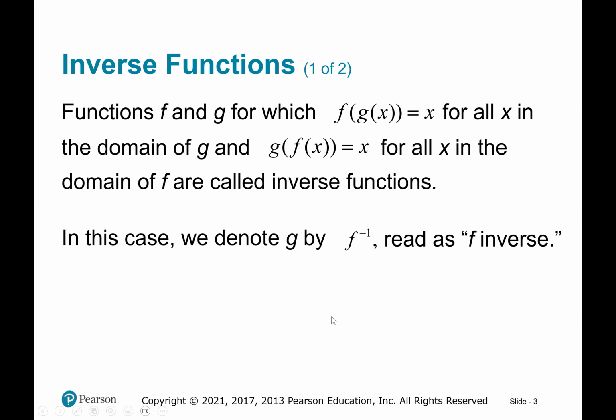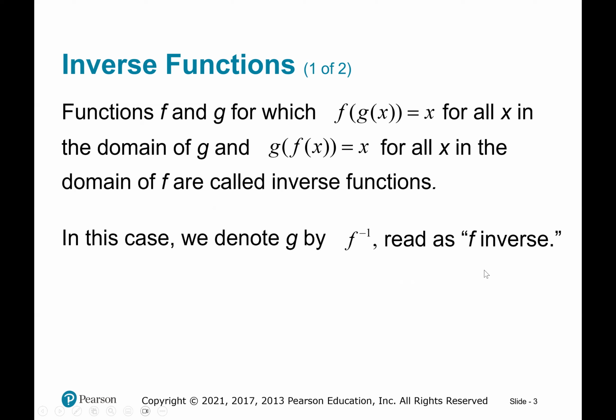All right, so what makes a function an inverse of a function? If you evaluate a function f at g of x and you get x for all the x's in the domain, and you evaluate g at f of x and you get x, those two functions are inverses of each other.